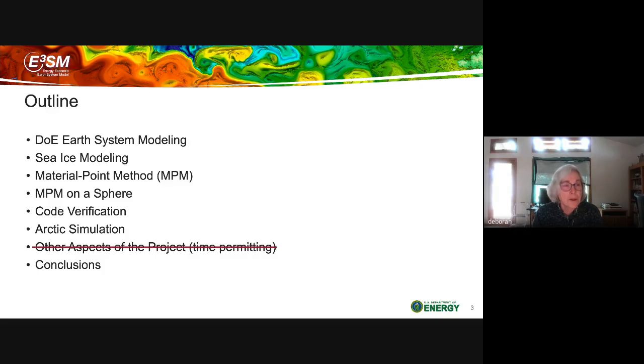And so after the MPM, I'll concentrate on what we had to do to get MPM working on a sphere. So the material point method is sort of a general method for solving continuum mechanics problems. But as far as I know, it's not been implemented on the sphere before. And then I'll talk about our code verification, and I'll show you a simulation of Arctic sea ice.